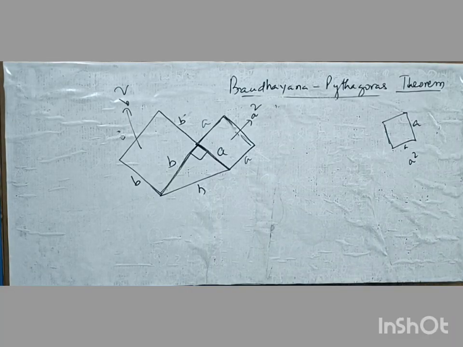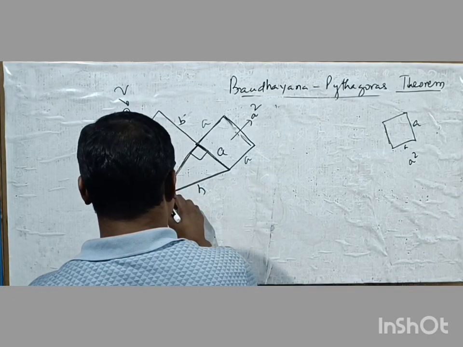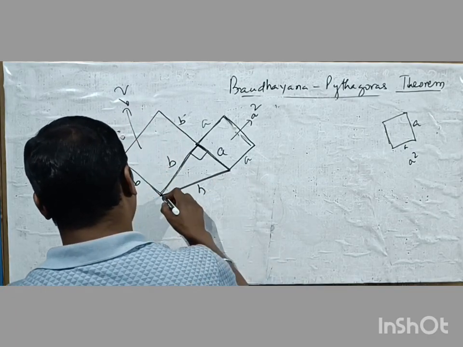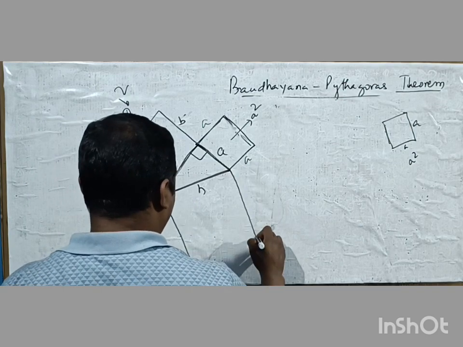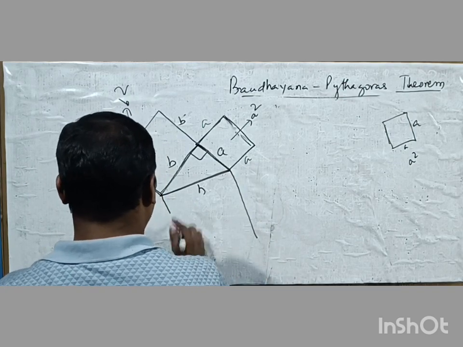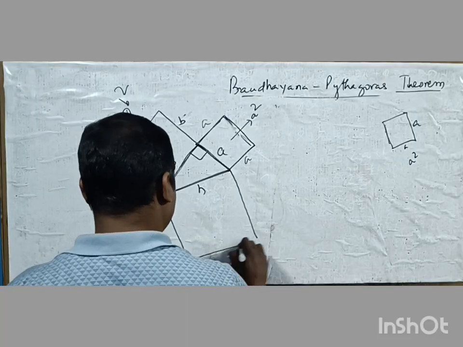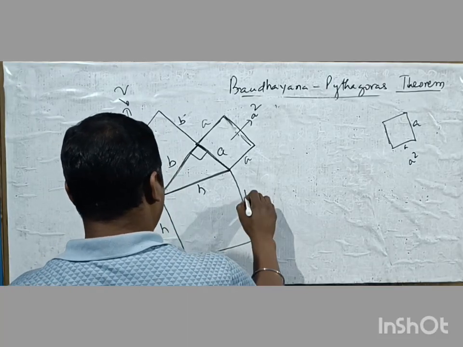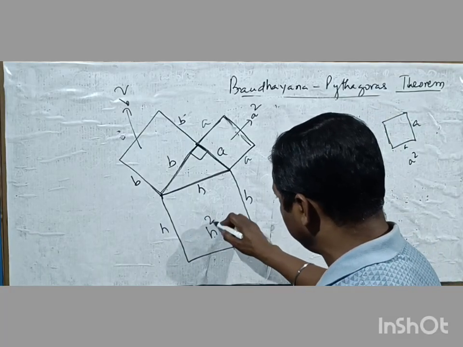Now the H: to get another square having side H, the area will be H square.